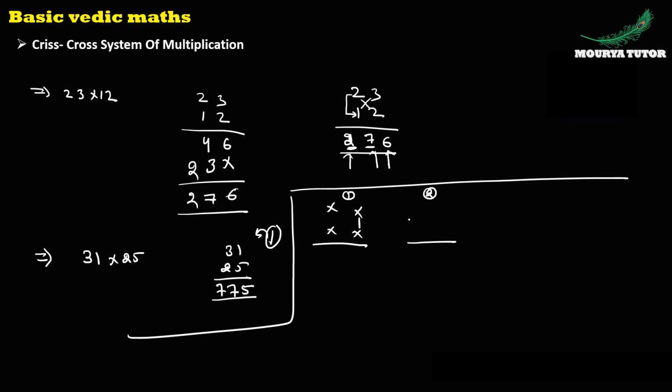In the second step you need to do the multiplication crosswise, and after doing the multiplication you need to do addition also between the numbers. Just remember that. Now in the last step you need to do multiplication between these numbers.